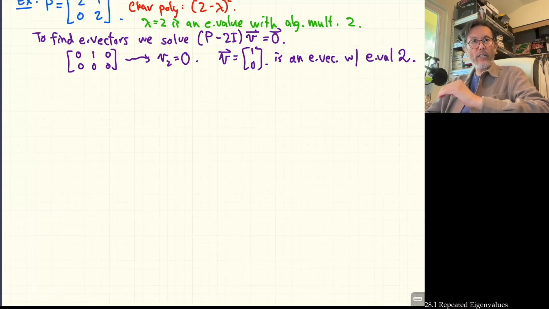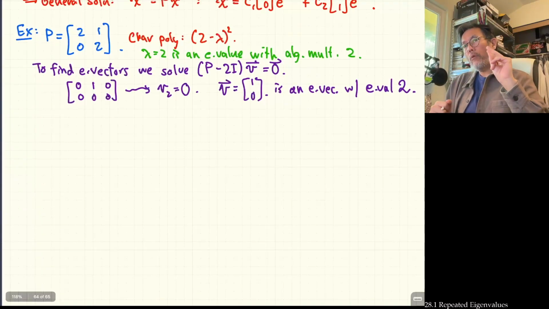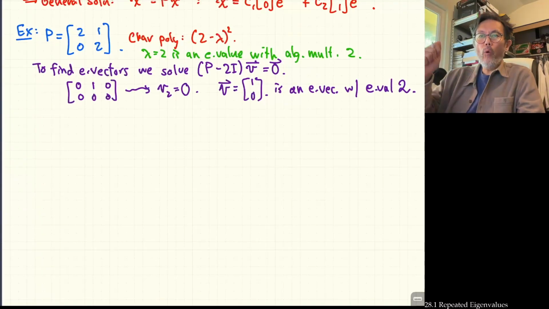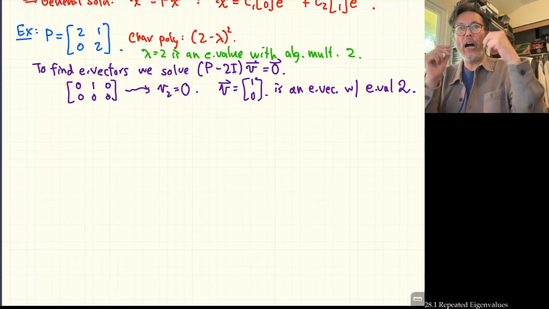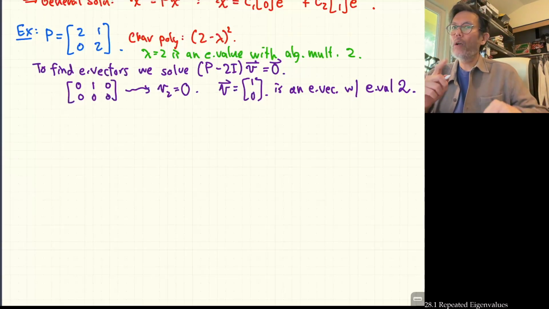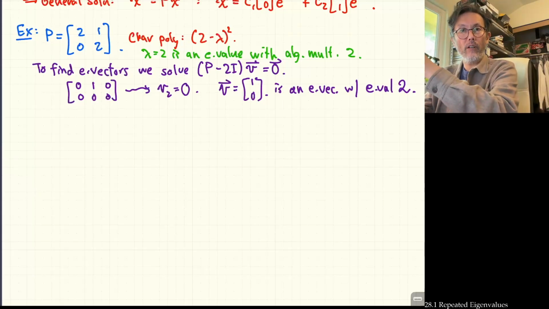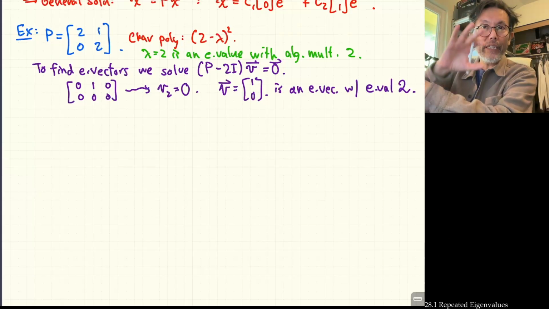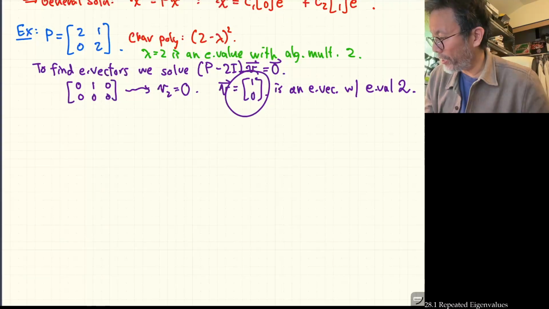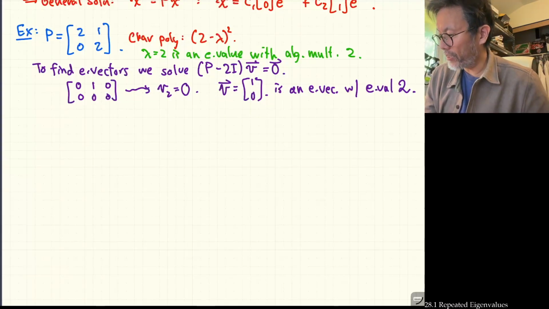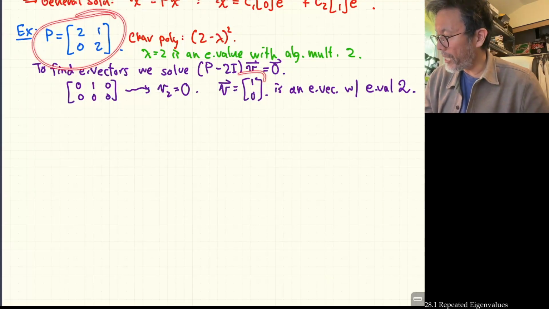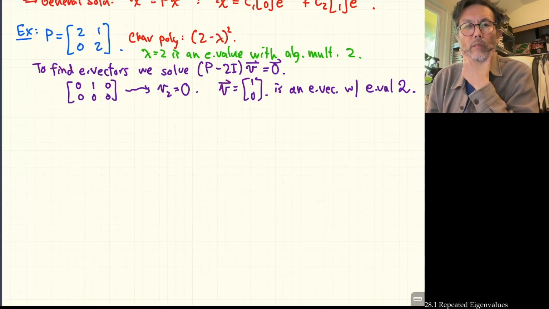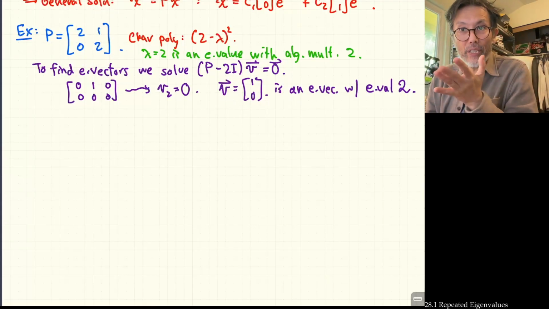I have an eigenvalue of 2, which is kind of repeated twice, but I can only extract one eigenvector out of it. What do I mean by one eigenvector? What I mean is I can't find another eigenvector which is linearly independent from this one. Every eigenvector with eigenvalue 2 for this matrix right here is going to be a scalar multiple of 1, 0. So in particular, not linearly independent.